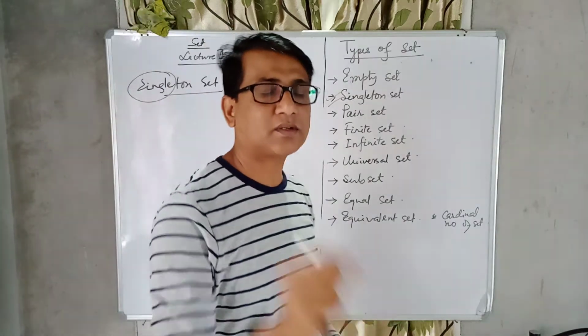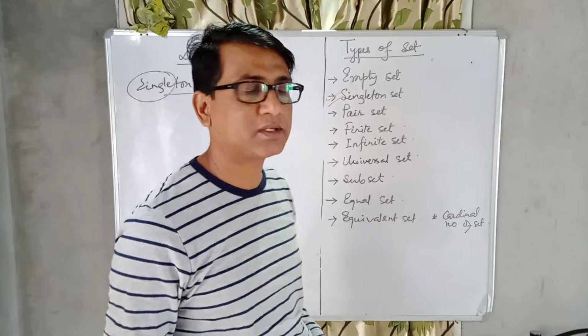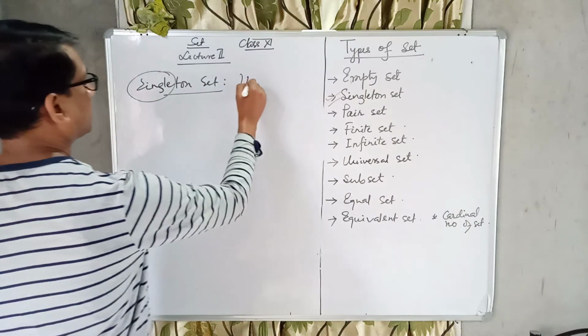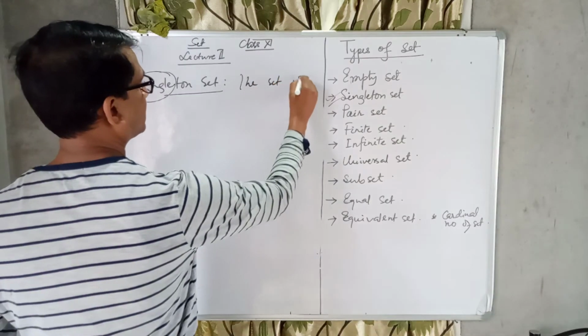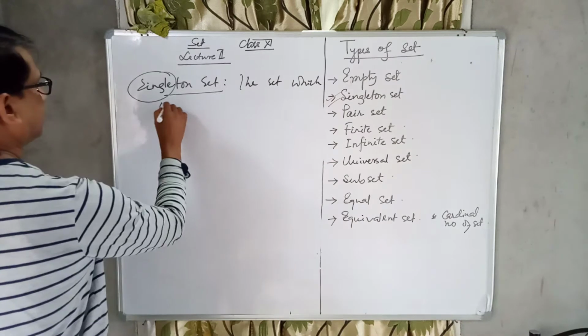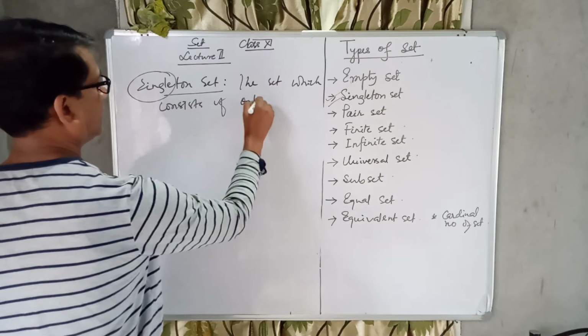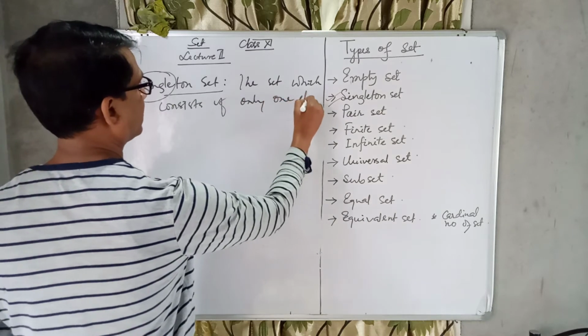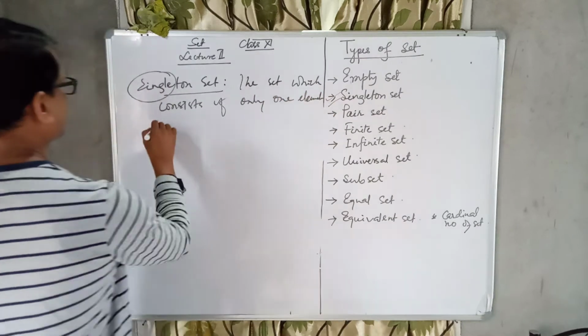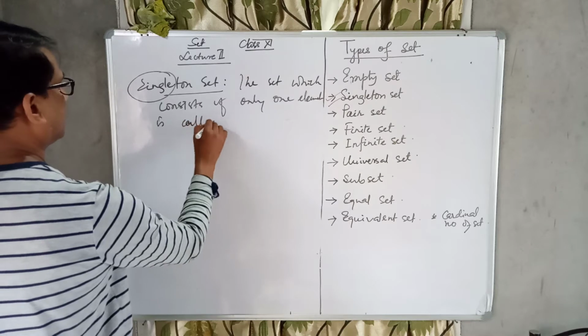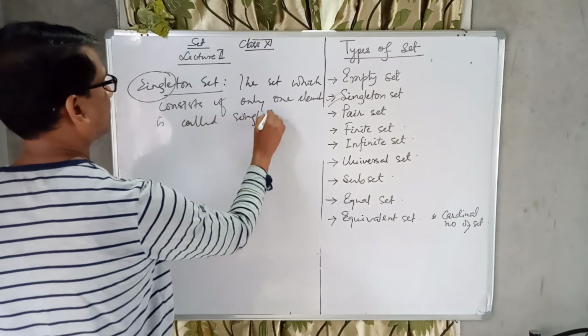The set which has only one element is called a singleton set. The set which consists of only one element is called a singleton set.